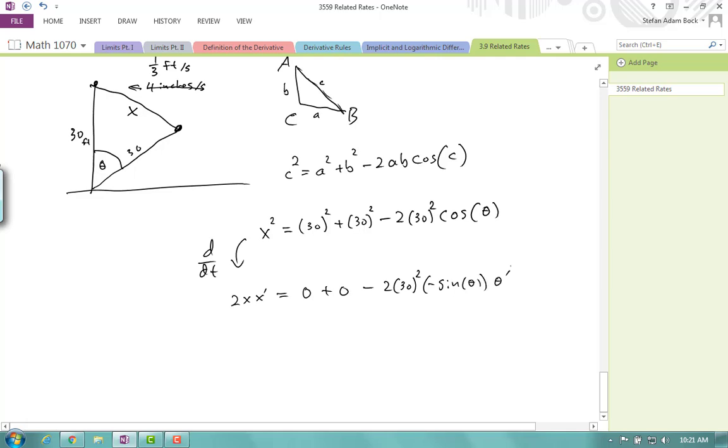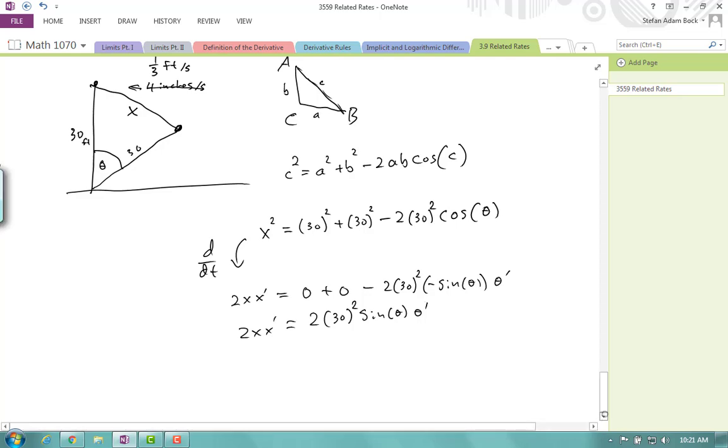Simplifying this a little bit, I have 2x x prime equals positive 2 times 30 squared sine of theta, theta prime. Now what I wanted to know was the rate of change of the angle between the sides. I wanted to know theta prime when theta is equal to pi over 6 radians.